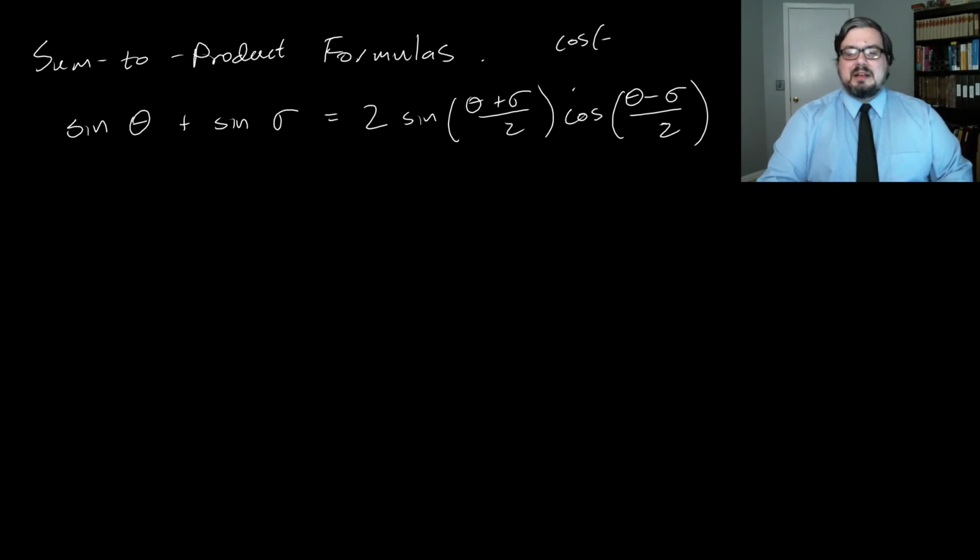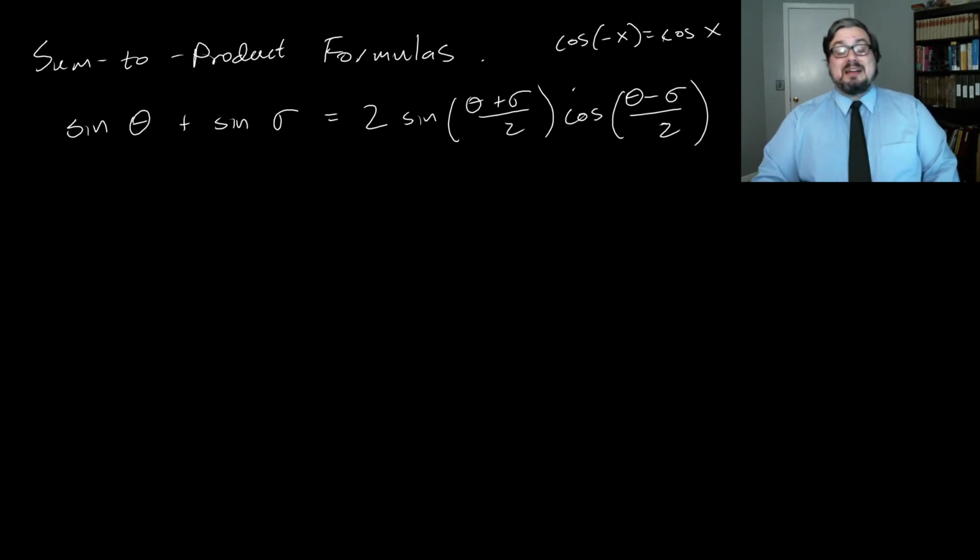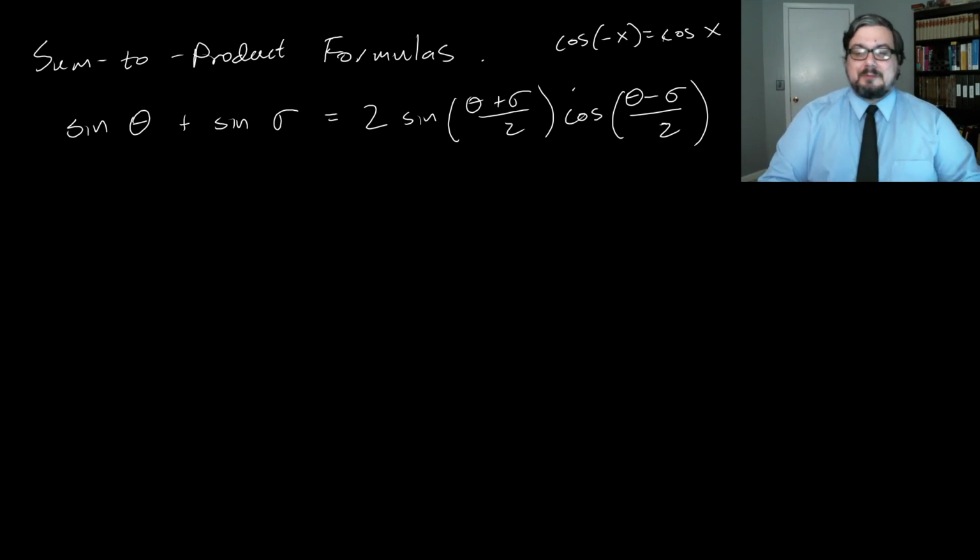Cosine of negative x is just equal to cosine of x. So in fact, the order in which you add up these two functions, sine theta and sine sigma, doesn't matter, of course, and that is reflected in the fact that that numerator of cosine can be sigma minus theta, as we had before, or theta minus sigma, as we have here.